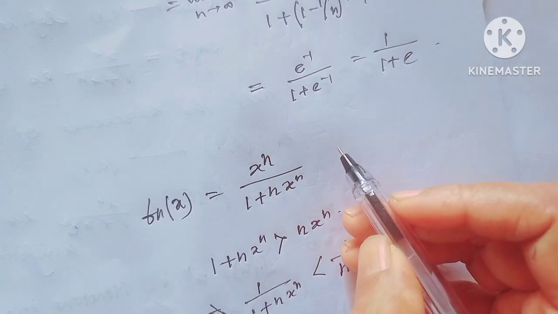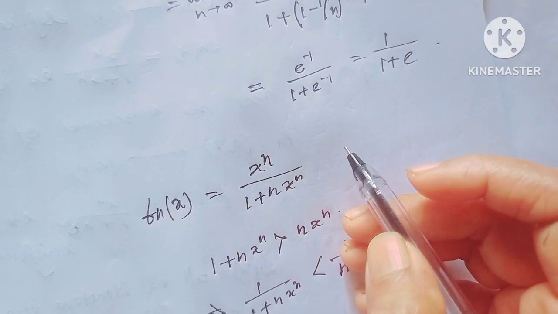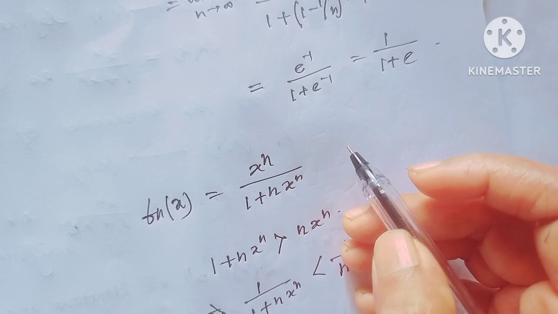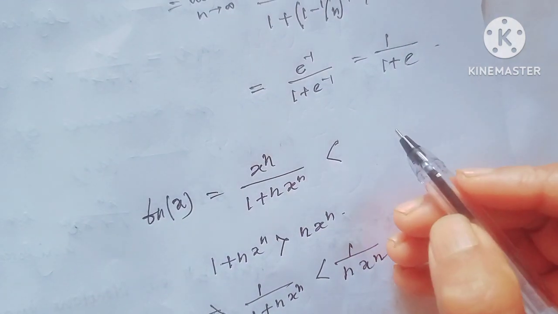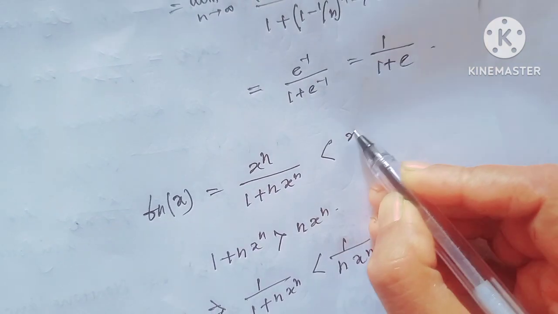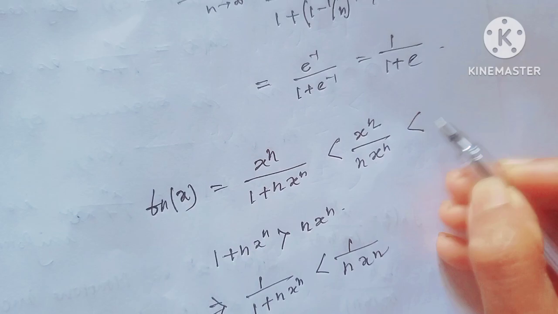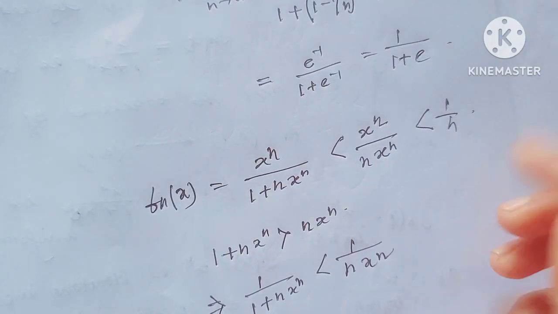Therefore, this is less than x^n over n x^n, which is 1 over n.